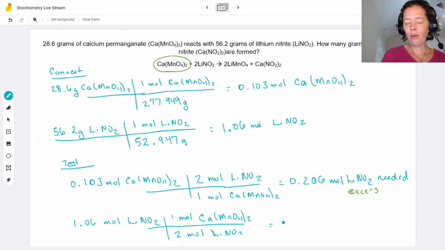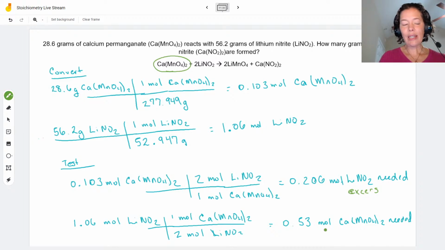Okay, so now we get 0.53 moles of calcium permanganate that are needed. So if we need 0.53, how much do we actually have?